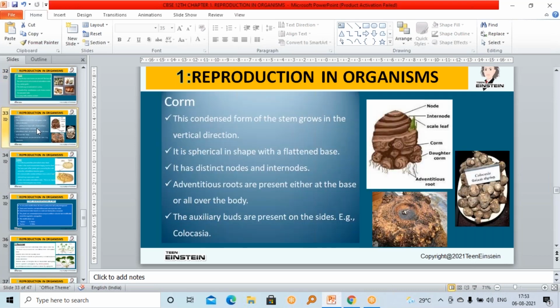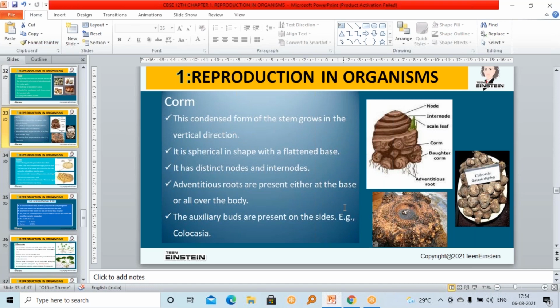That bulb may be tunicated or scaly, and a sheath of dry membranous scale leaves covers the tunicated bulb. In onion and garlic it is present, but in garlic so many bulblets are present, and each bulblet is covered by a separate tunic. But the scaly bulb, like the bulb of lily, tulip and all, doesn't have a tunic. Is it clear?